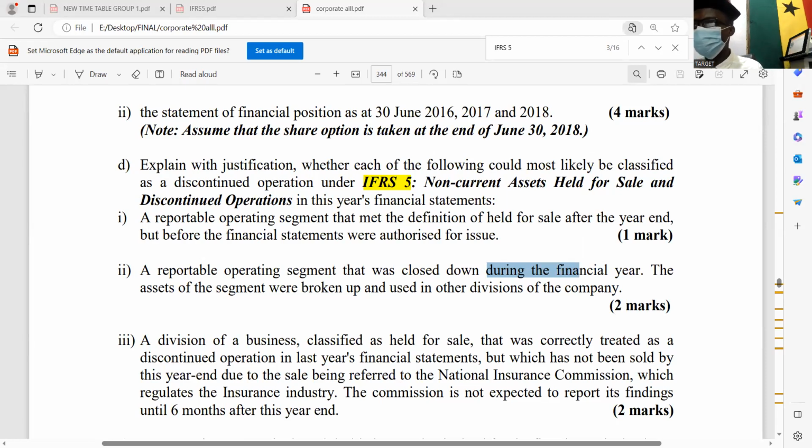Have you seen how nice and interesting it is? You see, the examiner was trying to confuse us more. Let me show you where the confusion came from. We have closed down. So you see, I have a segment report. One branch has been shut down. If we shut down the operation, tell me what are we going to do with the asset?